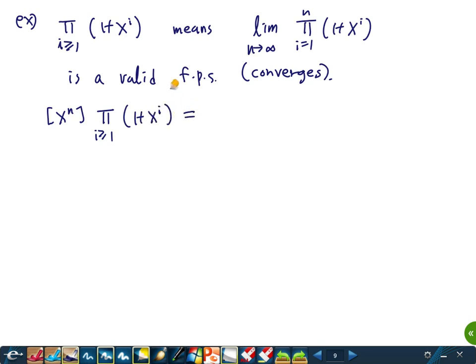So suppose you want to compute the coefficient of x to the n for a fixed n, say like 100. How can you compute this? If you have to look at infinitely many factors, then it's not going to be formal. Do you have to look at infinitely many factors here? No, you don't have to. Because, why?